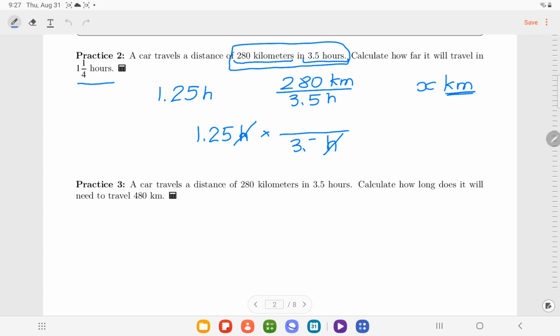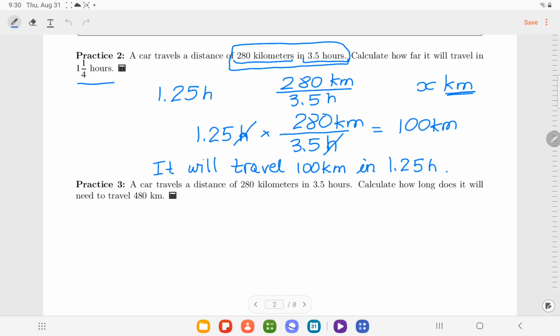So 3.5 hours, and we put 280 kilometers in the numerator. 1.25 times 280 divided by 3.5 is 100 kilometers. So he will travel 100 kilometers in 1.25 of an hour.